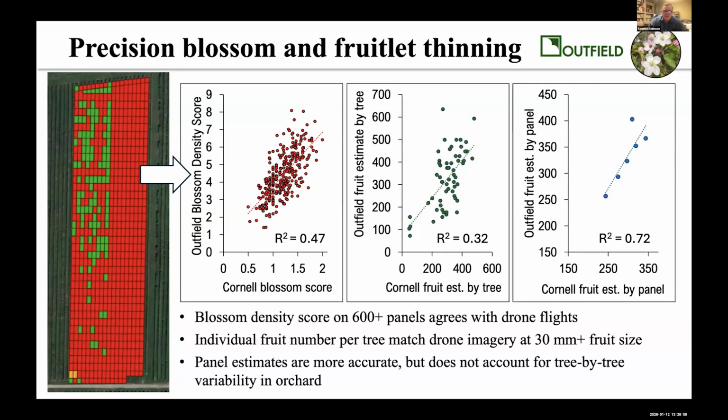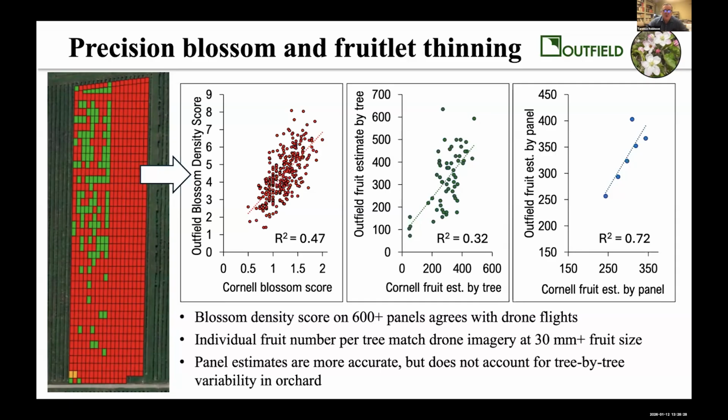In the second panel, we compared, after the thinning was done, at around 30 millimeters, how many fruits there were per tree versus Outfield with a drone estimating the number of fruits per tree. That relationship was decent, but not as good as we would like.